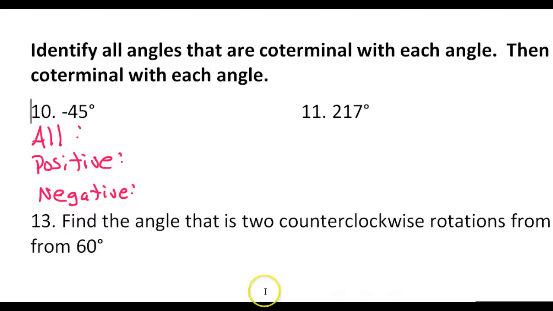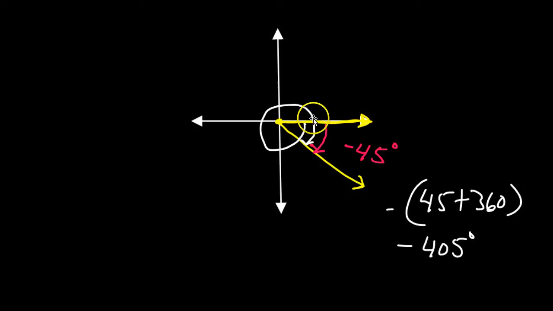So we might as well write that down. Negative 405 degrees. But the reality is, we got that by going 45 degrees plus 360. But couldn't we do that over and over again? Couldn't we go another 360 and another 360 and another 360?